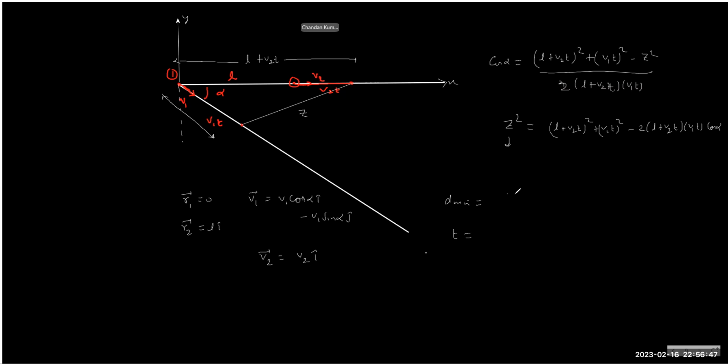So we have a formula. R12 cross V12 divided by the magnitude of V12, and T is. So it is not difficult, but you should know what to do to get the answer. So the idea can be used anywhere.